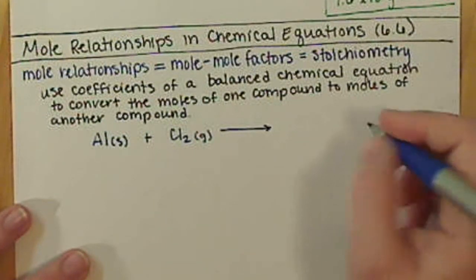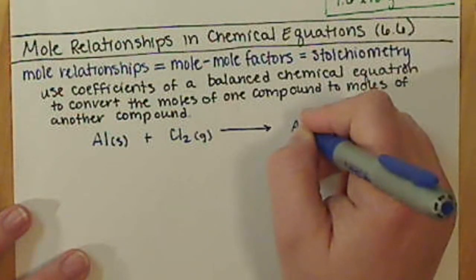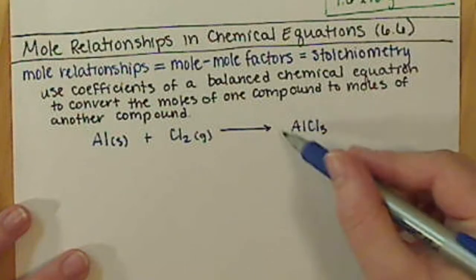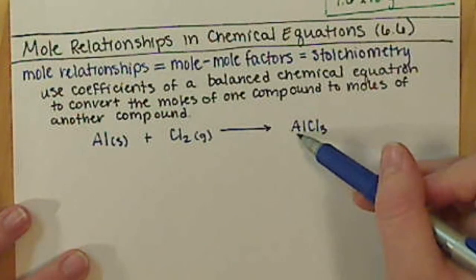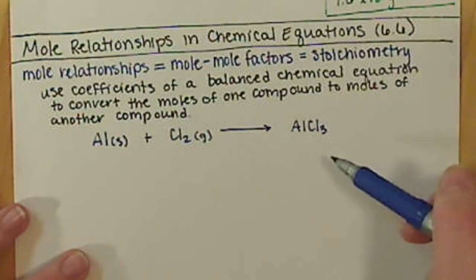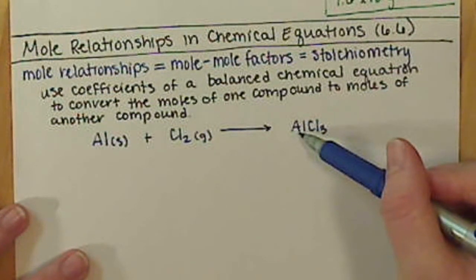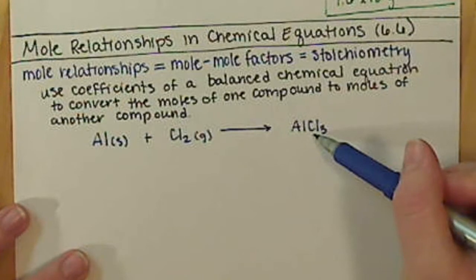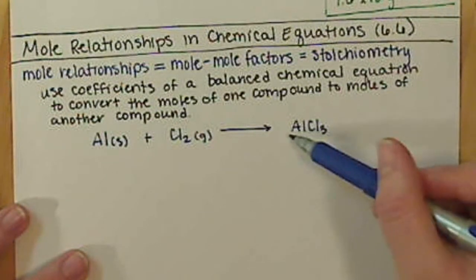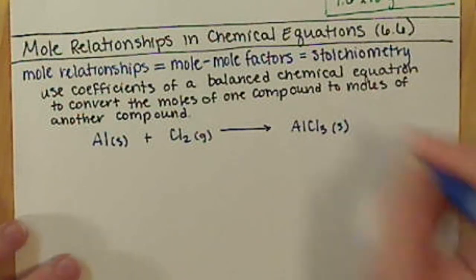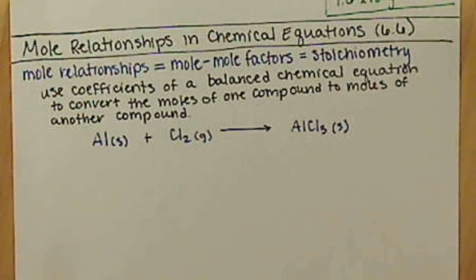If we combine these together, we're going to get aluminum chloride, following our rules of chapter 5. Aluminum is a metal, chlorine is a nonmetal, so this is an ionic compound. Aluminum forms a 3+ charge, chlorine a -1, so we have AlCl3, and ionic compounds are usually found naturally in a solid state.